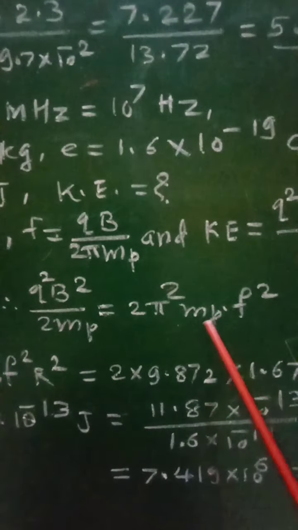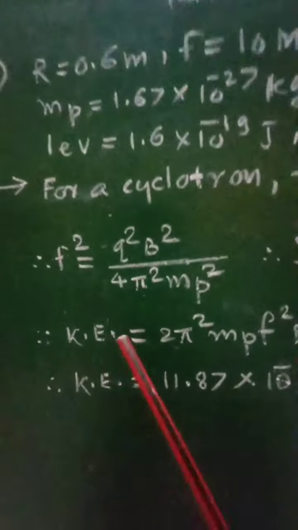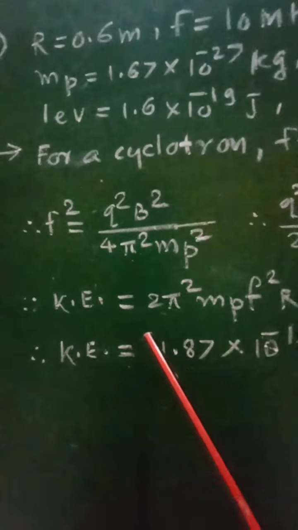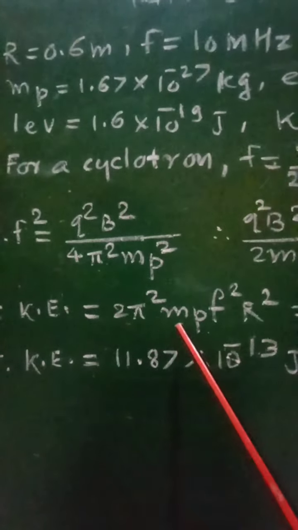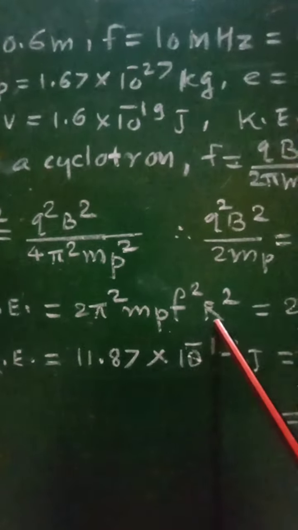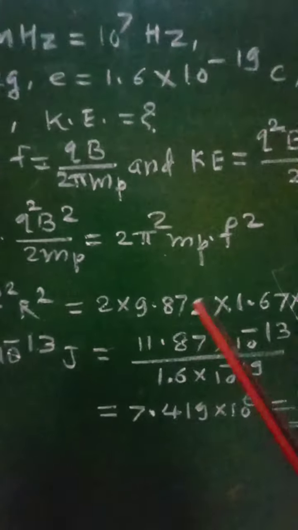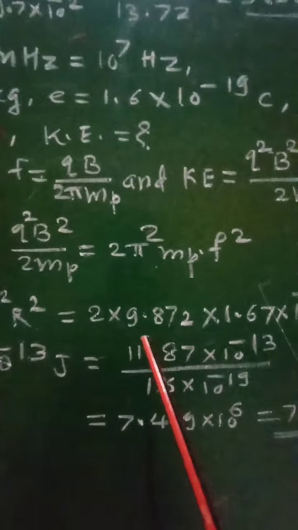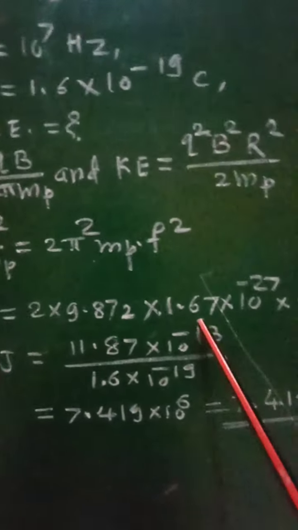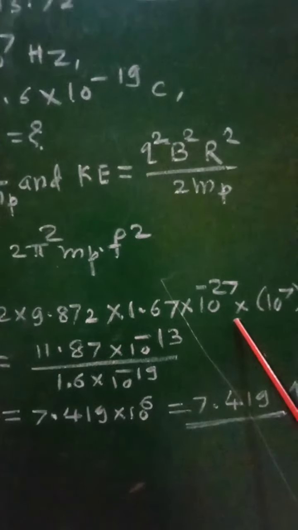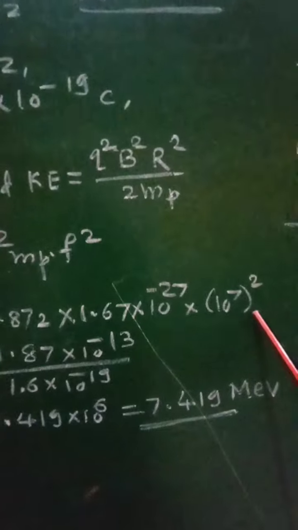Putting this value in the equation of kinetic energy, we will get kinetic energy KE equal to 2 pi square mp f square into r square, and that will be equal to, putting the values, we will get 2 into 9.872, that is value of pi square, into 1.67 into 10 raised to minus 27 into 10 raised to 7 its square.